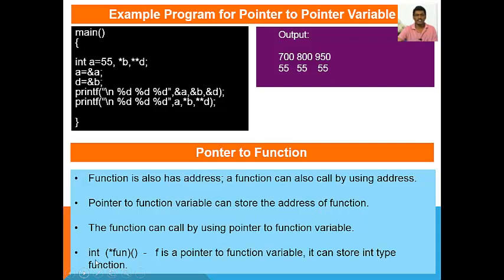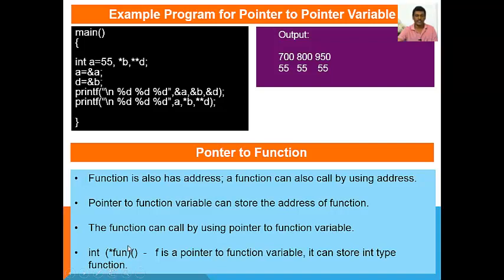So this is the function pointer variable declaration, that is pointer to function. If you want to store the address of an integer type function, if your function returns an integer, we can store that address in an integer function pointer variable. So int (*fun)(). This fun is a pointer to function variable. This variable can store the address of a function.